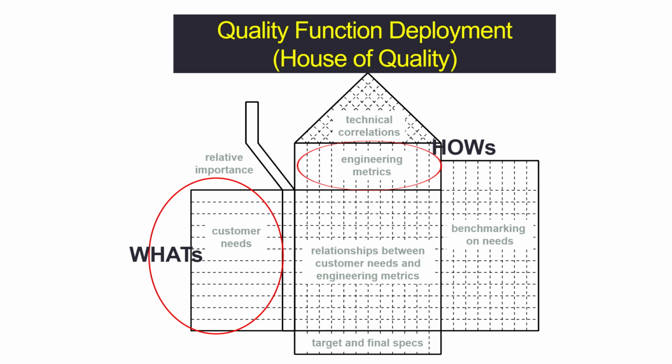Hows are about metrics or specs, or what they call engineering metrics. So they build a house called House of Quality. This is a connection between what and how. Actually, this is an option, an alternative way to give information on the connection between whats and hows that you have already seen in the previous slides.